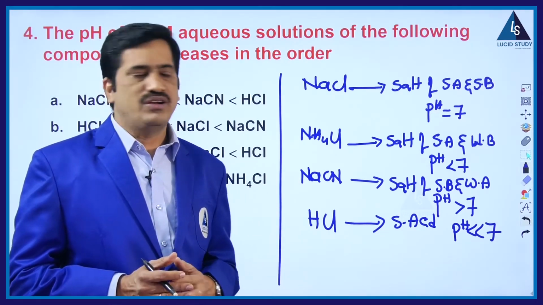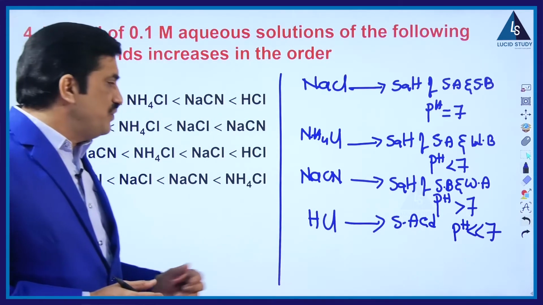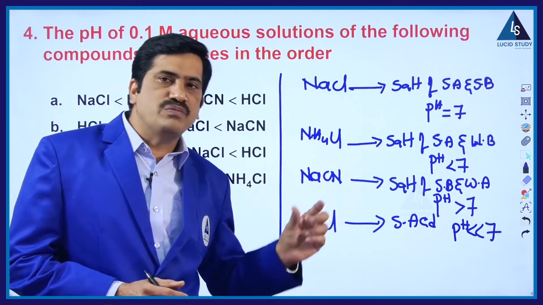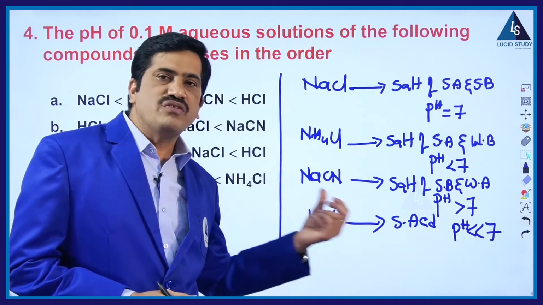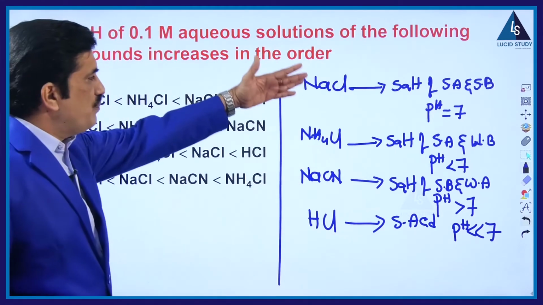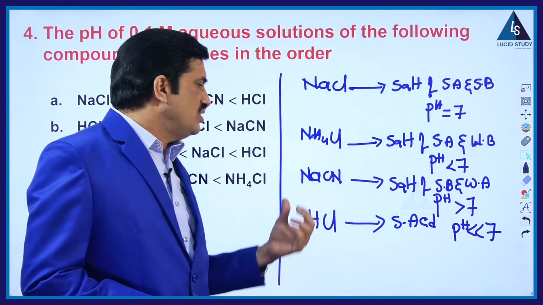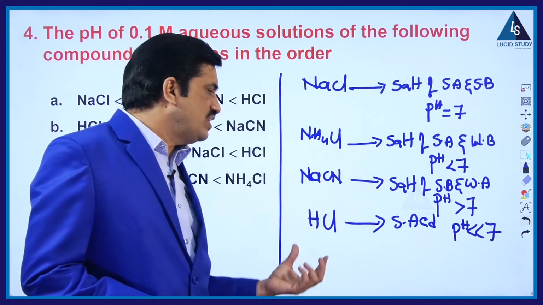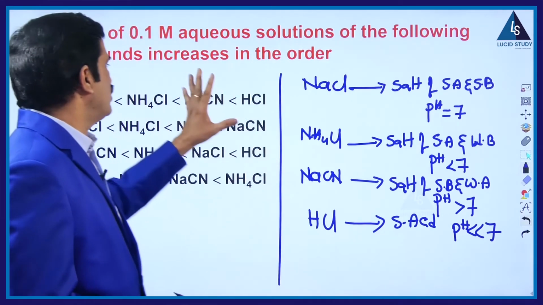Here this one is 0.1 molar, so if it is a strong acid, the pH will be 1. That's why the pH of a strong acid is very low. Now you see, NaCl's pH is 7, ammonium chloride pH less than 7, sodium cyanide pH greater than 7, HCl pH is very low, equal to 1, because the concentration is given.